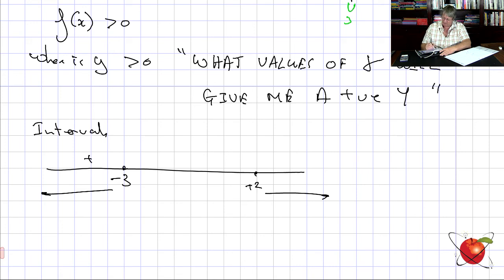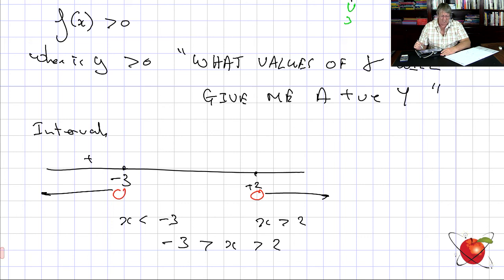Now I go back and I look and I say, is it a hollow or a solid dot? It's a hollow dot both sides because it's greater than, not greater than or equal to. So therefore, my final answer is x must be greater than 2 or x must be less than minus 3. All right? You can put that in one by saying minus 3 less than x less than 2, because it cannot be equal to those. Okay? That's where we've got the inequality there.